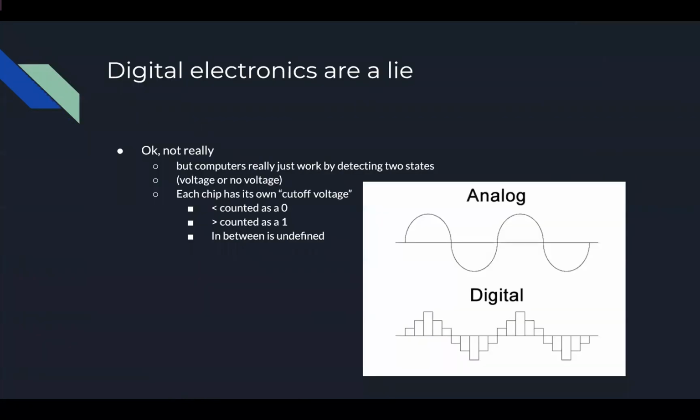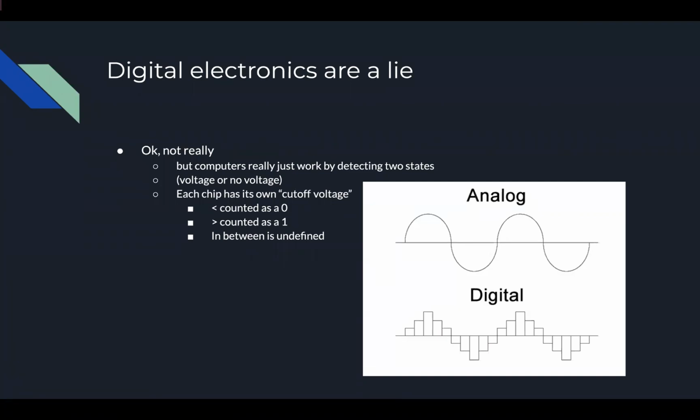So I always first start off with my little spiel that digital electronics are actually a lie, and that we don't work in this idealized world where everything is actually a zero or a one, because it's not. The way that computers actually work is they are able to differentiate between two states. And that's why you hear people say, well, when you're using a computer, everything's in binary.